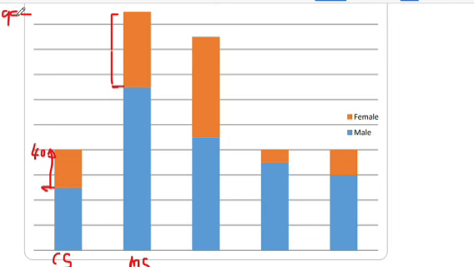Because they are using computer programming to write it, all these values are written here. You are not supposed to write 95 here anyway. It is all these lines that we are supposed to label. So this is 0 on my vertical axis.